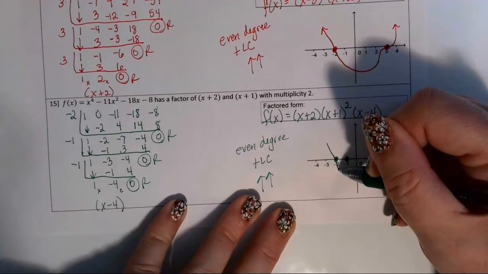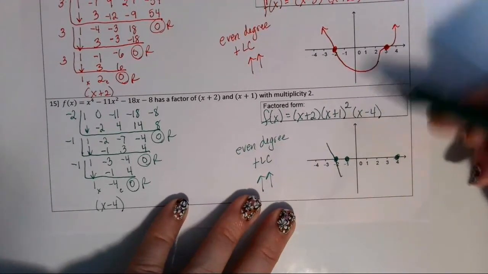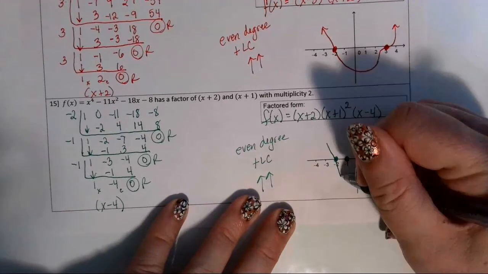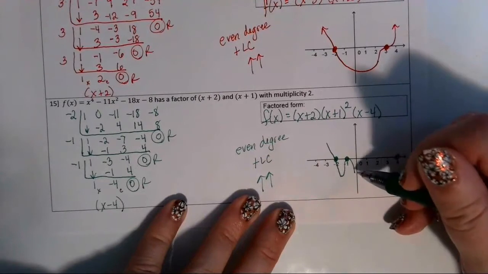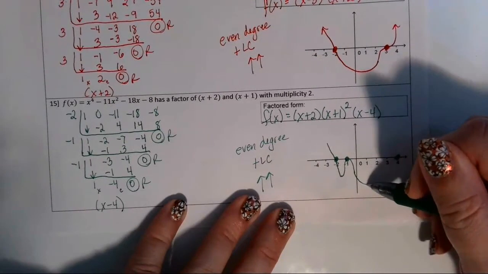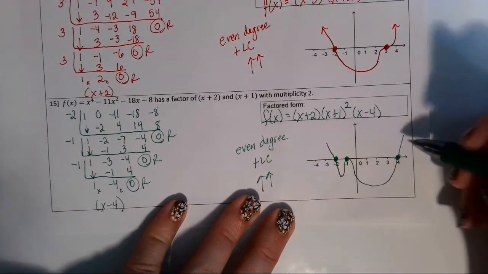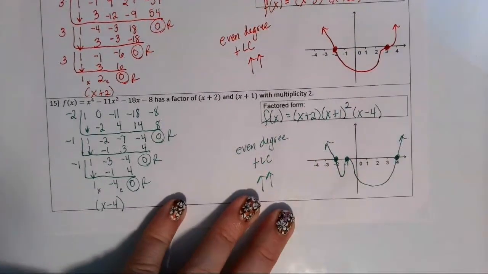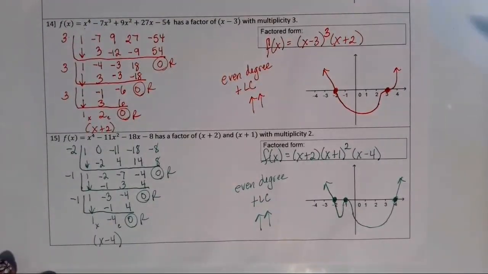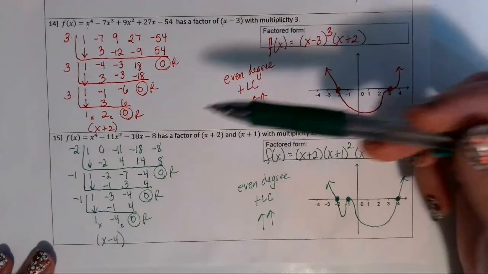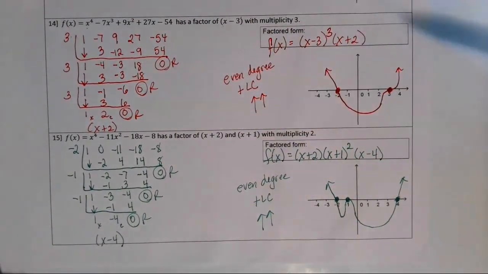Then, because we have even multiplicity on the factor of x plus 1, we have a turning point and a bounce at positive 1, or sorry, at negative 1. Then another turning point, and we have to cross at positive 4. So that would be the graph of the polynomial x to the 4th minus 11x squared minus 18x minus 8.